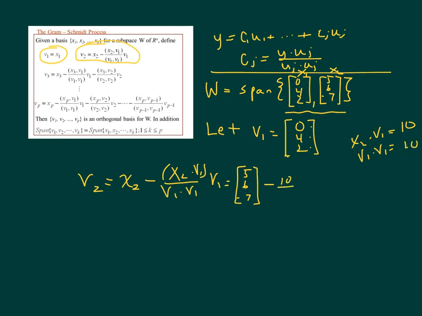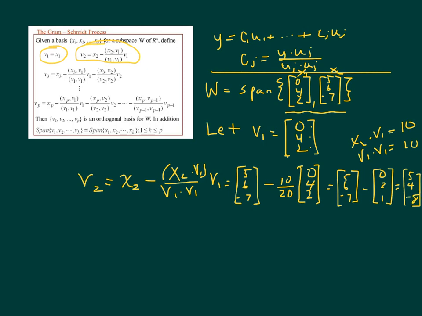So we get 10 over 20, or 1/2 our V1, and our V1 is 0, 4, 2. So we just get 5, 6, negative 7 minus half of that, which would be 0, 2, 1, and that is 5, 4, negative 8.